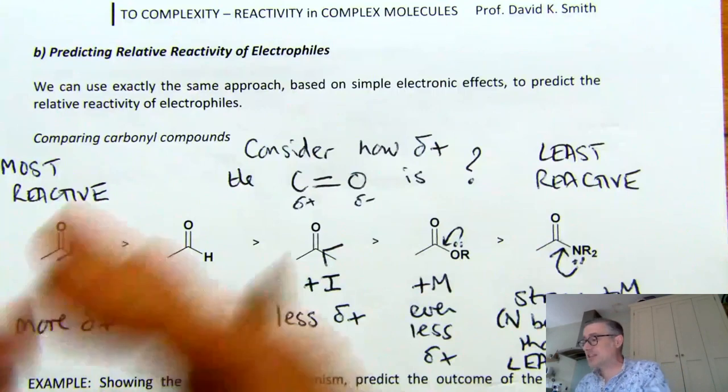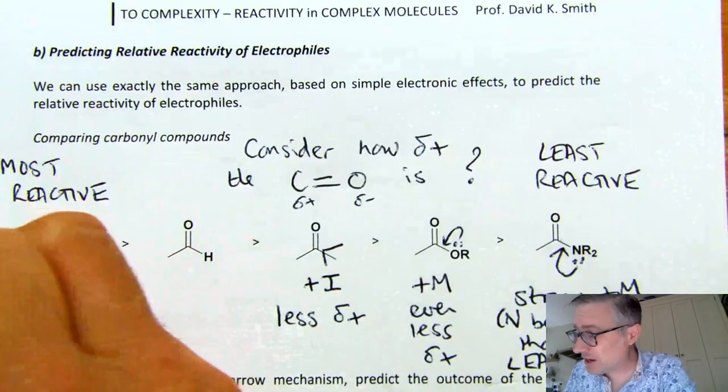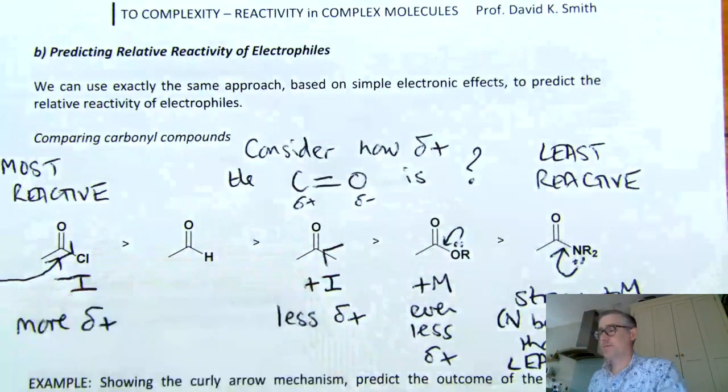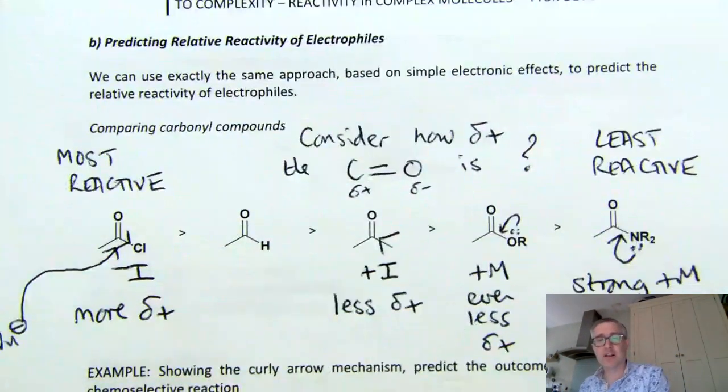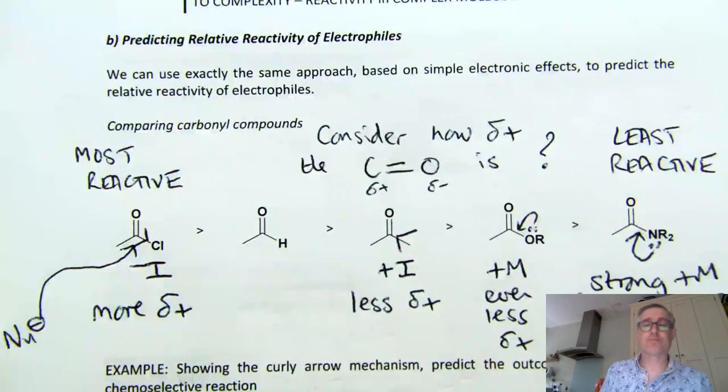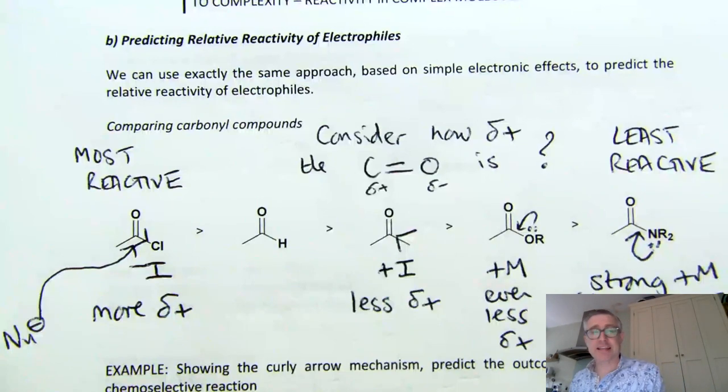So if we exposed all of these to nucleophiles, the most reactive would be this one, the nucleophile attacking the C delta plus of the carbonyl. We can think about doing this in an example.